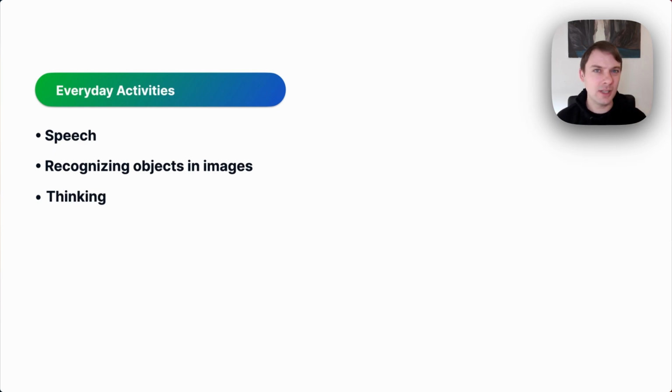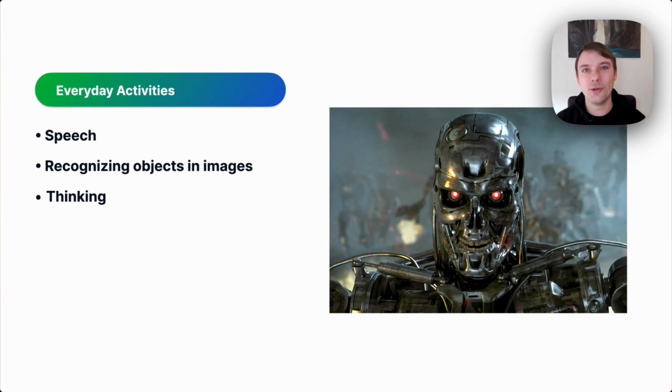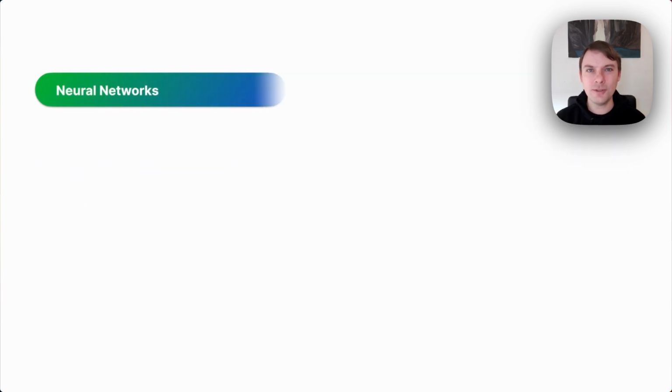These everyday activities that we deem very simple as humans, so recognizing speech, objects in images, or even thinking, are a bit different. Now, we're not going to be going into Skynet taking over the world, but we're going to be covering how computers can process this. Now, there's a thing called neural networks.